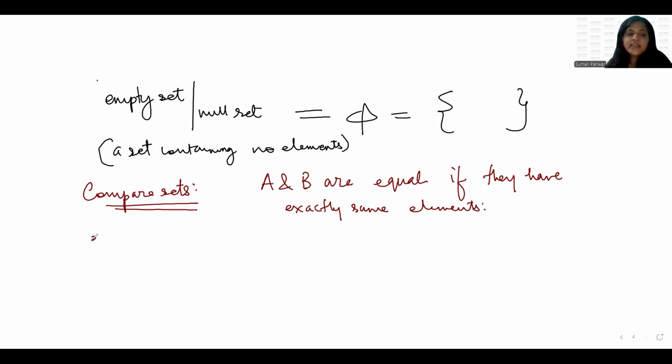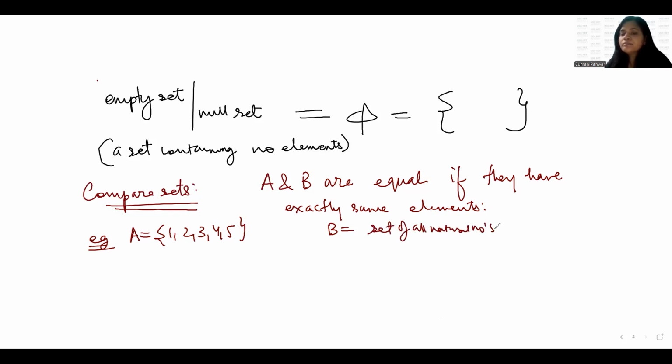That means if I say A is equal to 1, 2, 3, 4, 5, and if I say B is the set of all natural numbers less than or equal to 5, you can see that both the sets will be the same. This will also contain 1, 2, 3, 4, 5. The way of saying may be different, but they will have exactly the same elements.